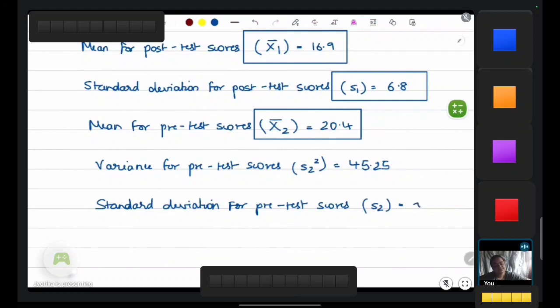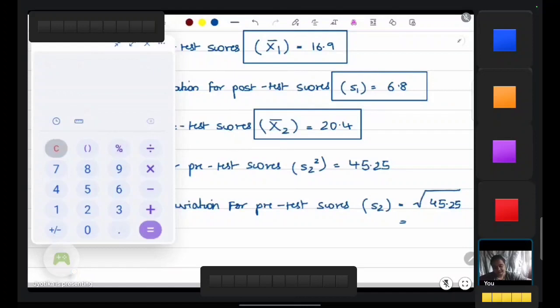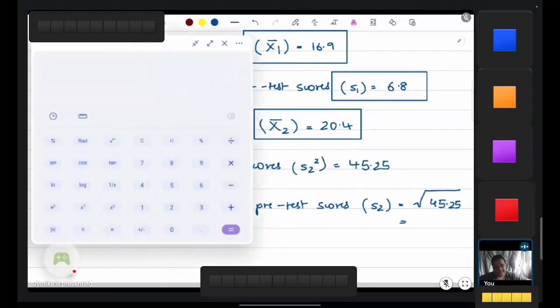Quickly we'll just show square root of 45.25. Don't need to show too many details. Let's calculate it. So square root of 45.25, we'll take to 3 decimals, 6.727. Highlight.